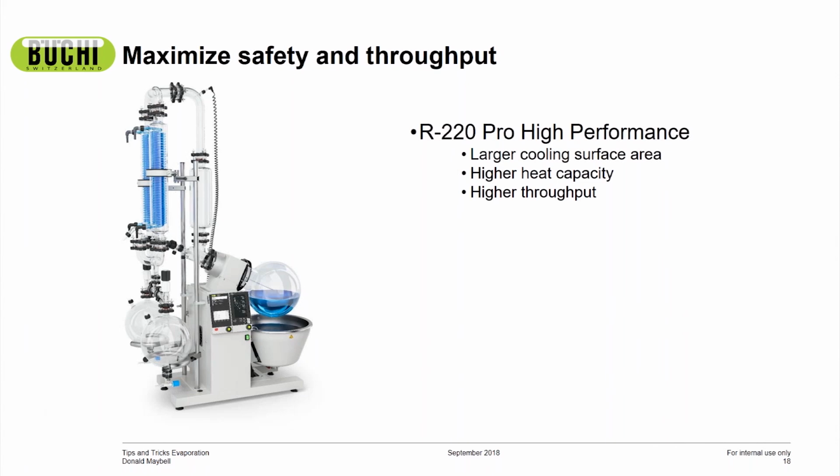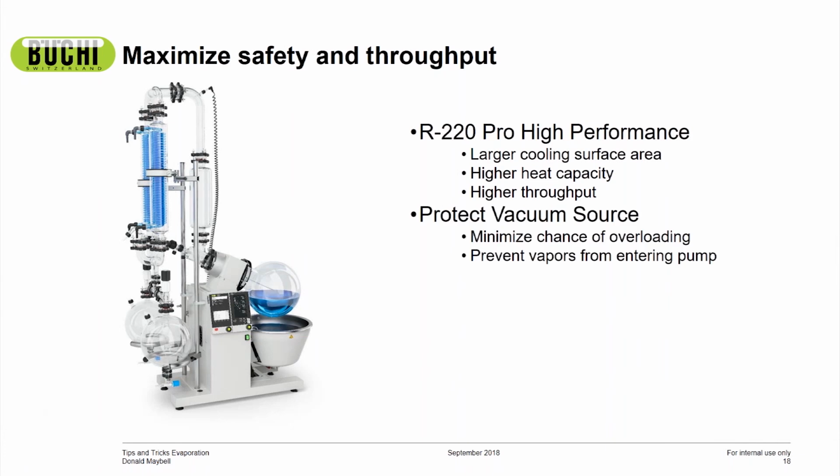You're still controlling the pressure, you're just working with larger volumes. So everything still applies. There is a high performance version for the R220 Pro. You still want to make sure that you have good vacuum control and good cooling capacity so that this larger amount of vapors isn't going into your atmosphere.